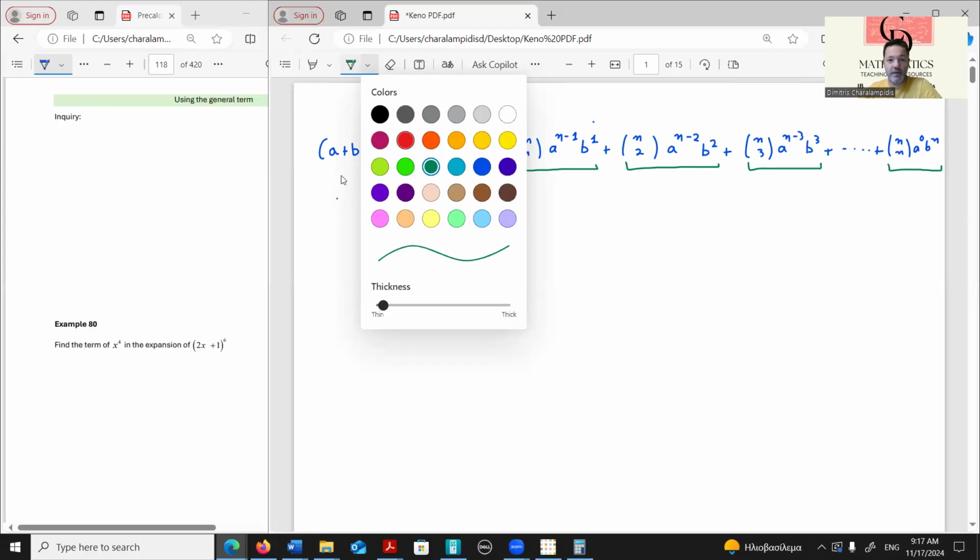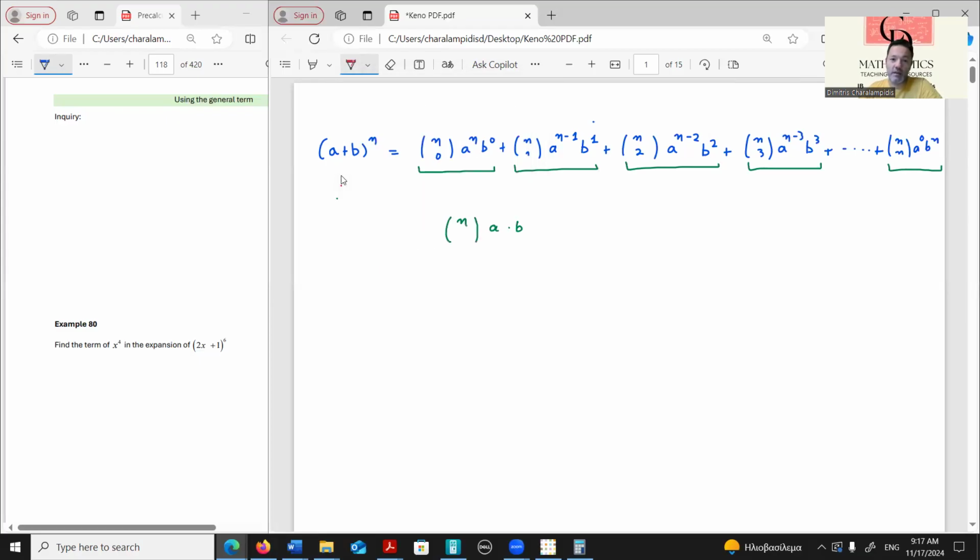But here we can see that whatever we have here, the same is up there, and here we have what is missing from n. Whatever we have here, we have as the exponent of b, and here we find the difference of that from n.